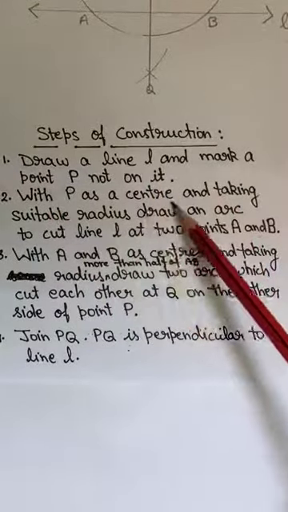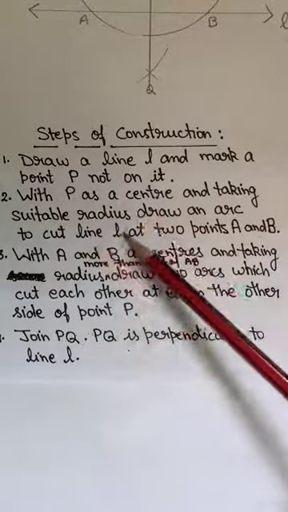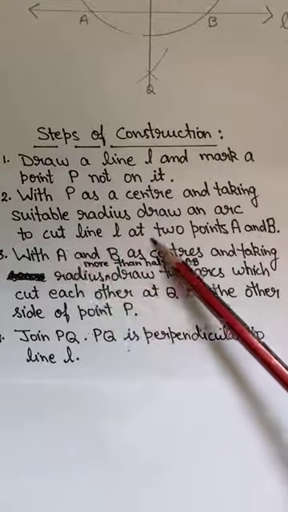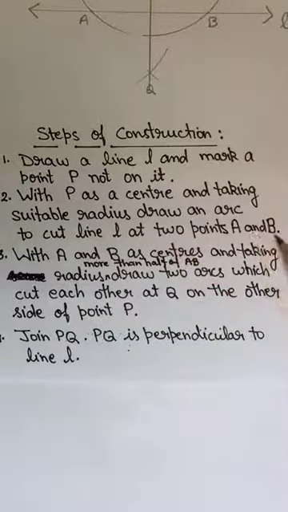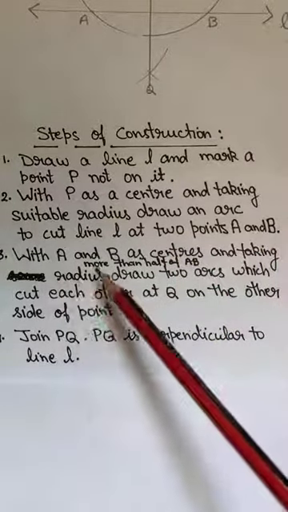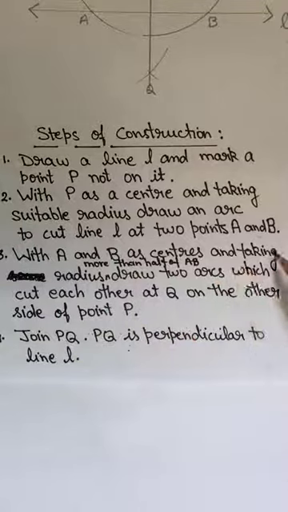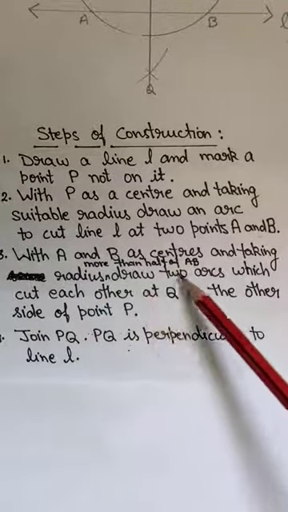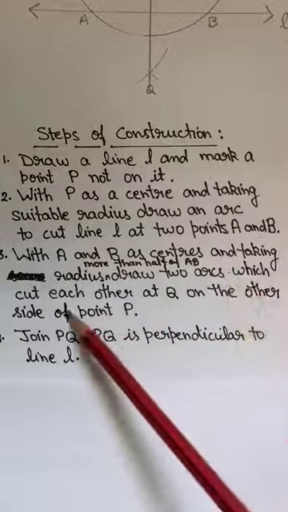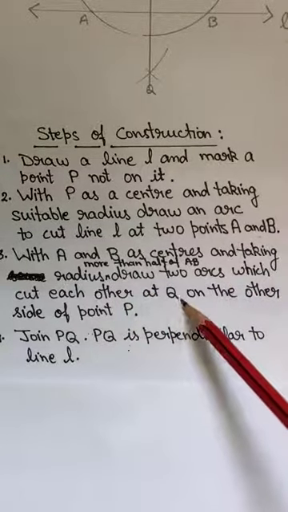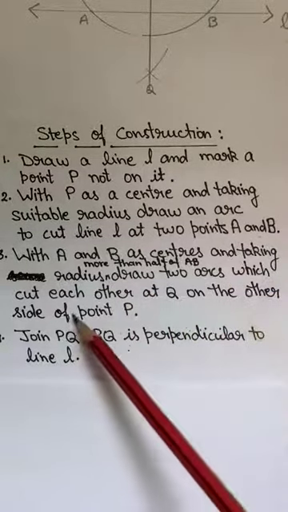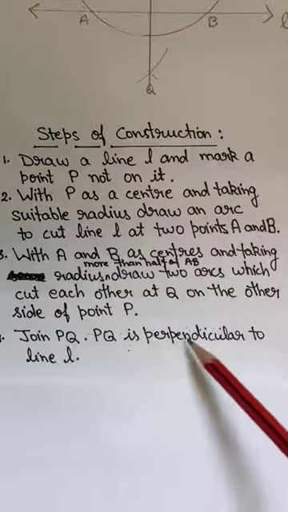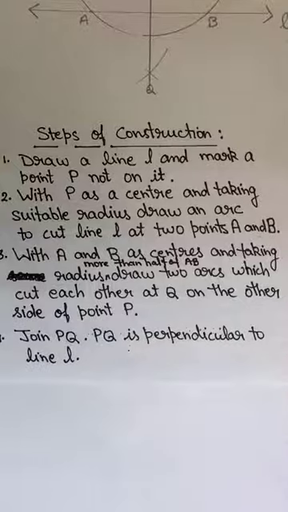With P as a center and taking suitable radius, draw an arc to cut line L at 2 points A and B. With A and B as a center and taking radius more than half of AB, draw two arcs which cut each other at Q on the other side of point P. Join PQ. PQ is perpendicular to line L.